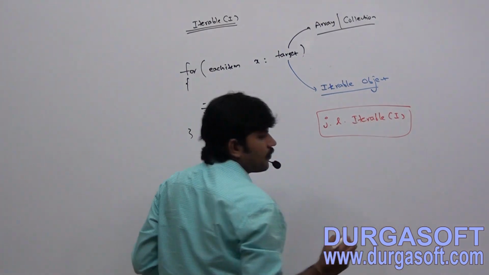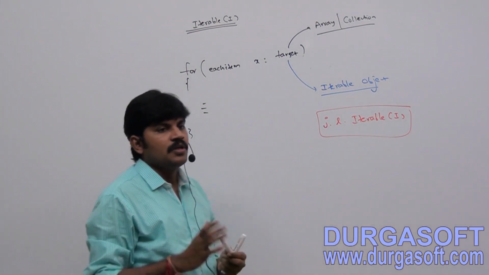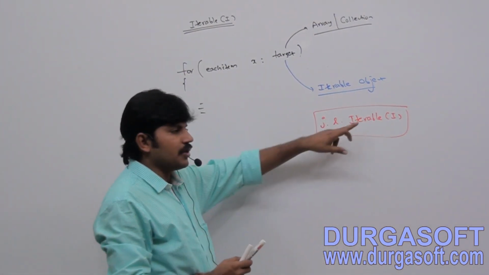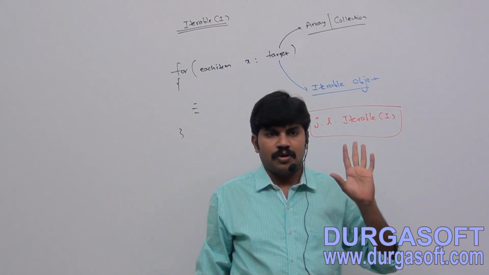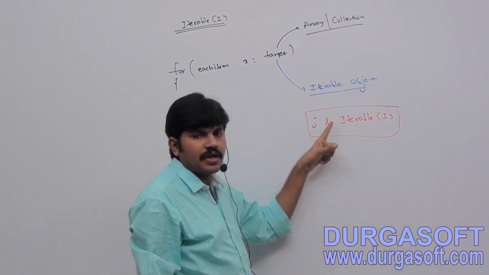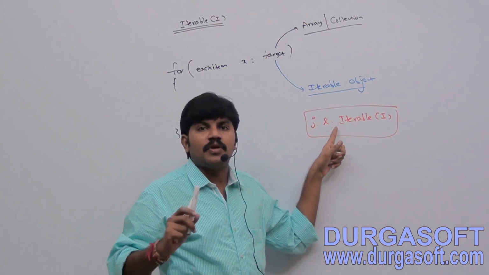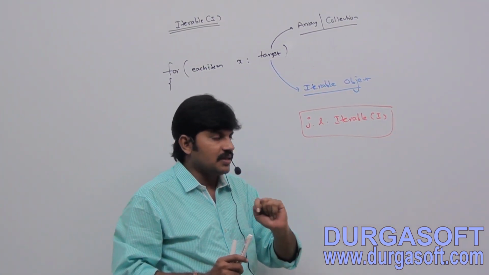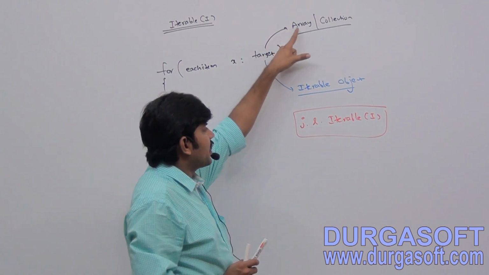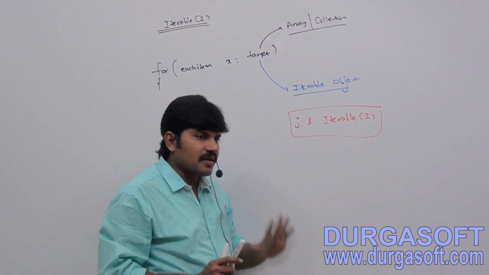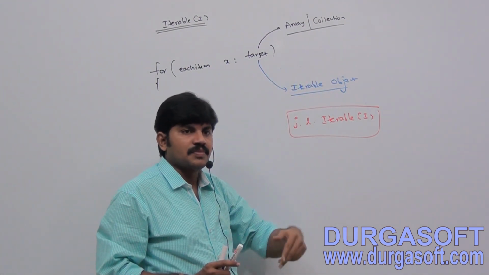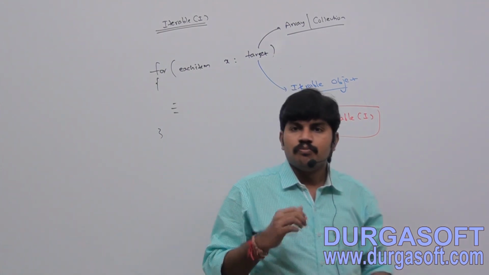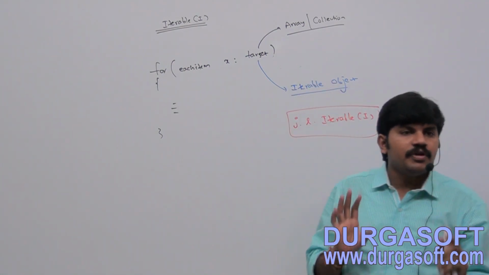Being a programmer, we should be aware of this point. We are not required to do anything further, because all array related classes already implement Iterable, and every collection implemented class already implements Iterable.